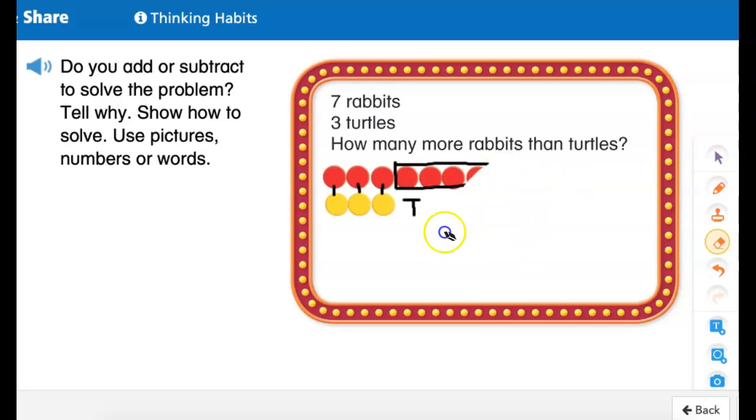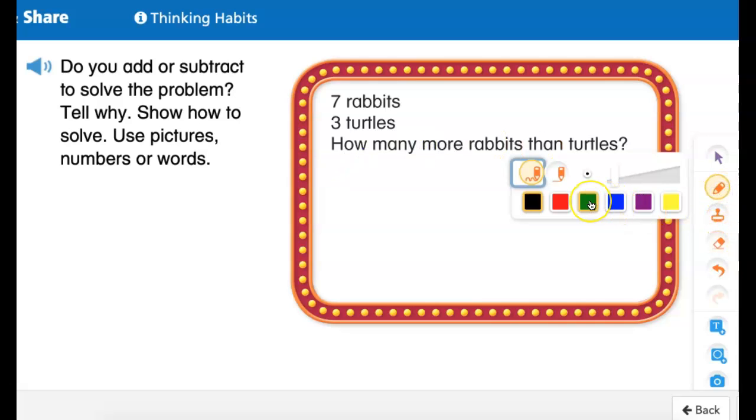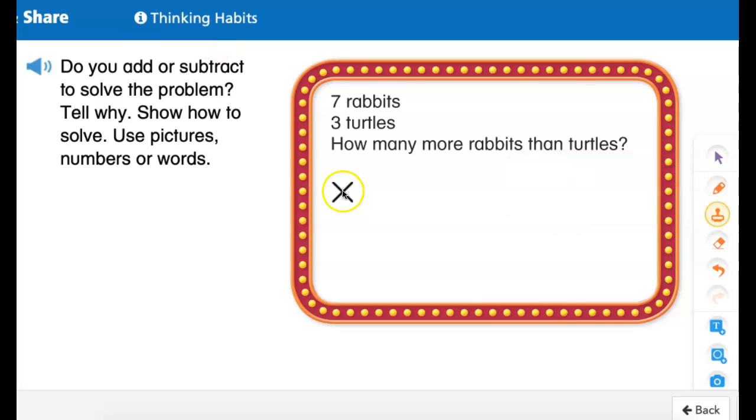we could use addition and do it a different way. So let's do it with addition. Let's see. For my addition, if I have 1, 2, 3, 4, 5, 6, 7 rabbits, and I have down here 1, 2, 3 turtles.